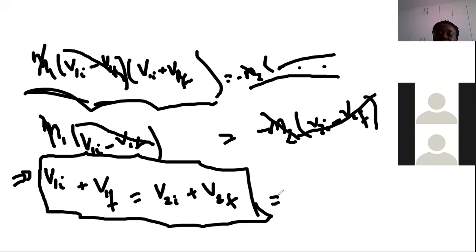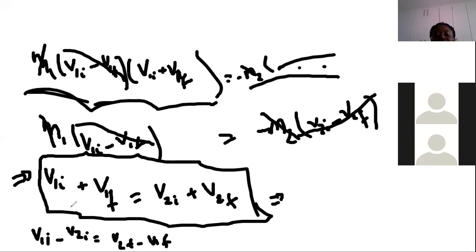So if we can write this in the form of the initial velocity grouping together, the initial velocity and the final velocity, we have that the initial velocity, which is V1 initial minus the V2 initial, is going to be equals to the V2 final minus the V1 final.